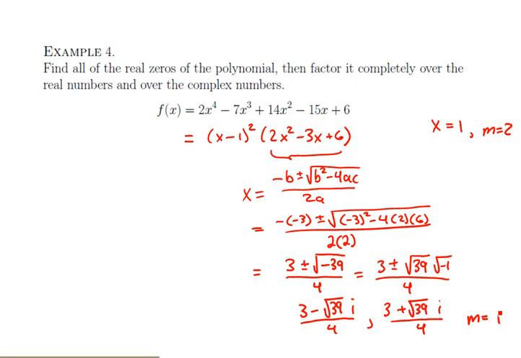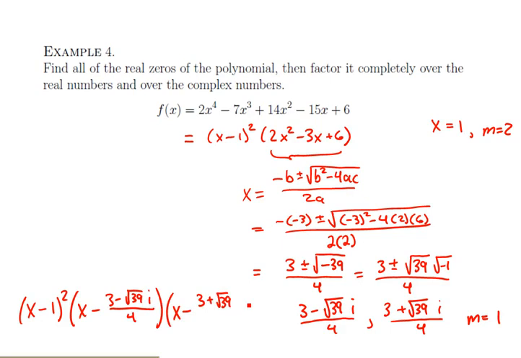So the complete factorization of the polynomial over the complex numbers looks like what we started with, x minus 1 squared, times a factor for each of these two complex zeros of the form x minus c. x minus (3 minus the square root of 39 i) over 4, and x minus (3 plus the square root of 39i) over 4.